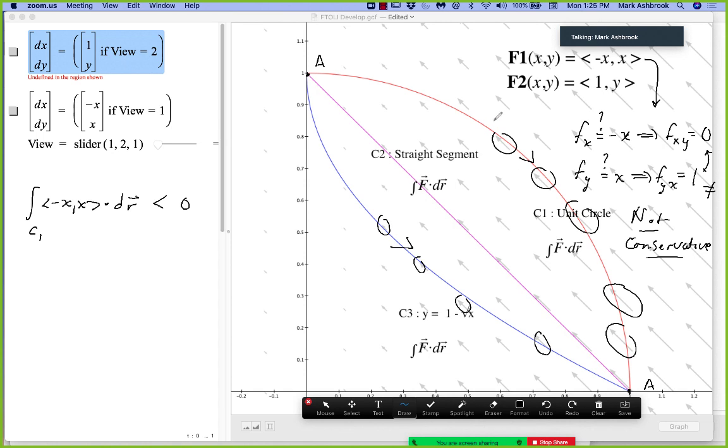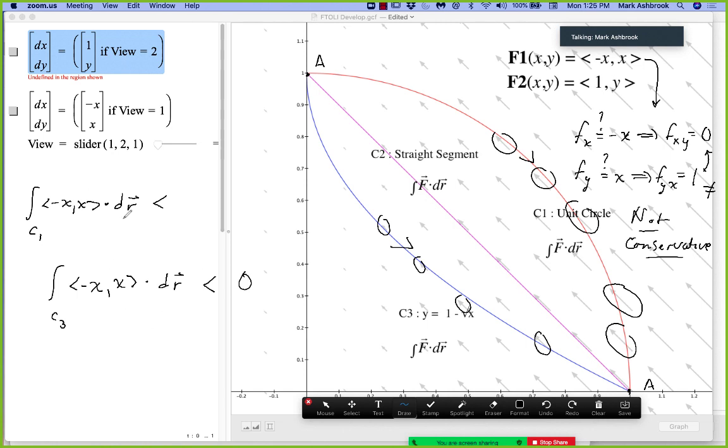So we'd expect a bigger negative for C1 than C3, and this underscores that we don't have path independence. It's not a conservative field. So we could write that the line integral for C1 is less than the line integral for C3, just by observation. But we know they're both negative, both less than 0.